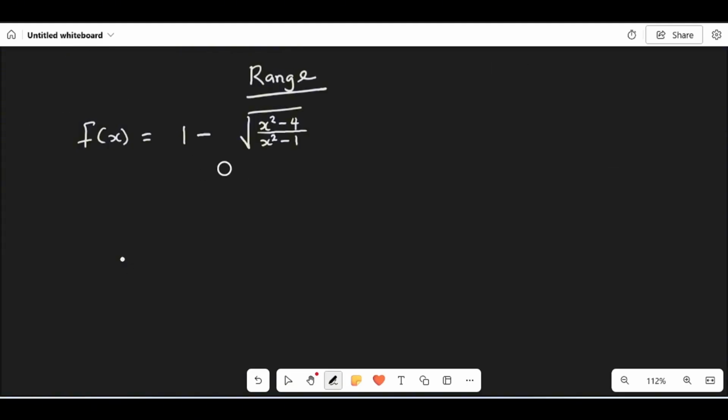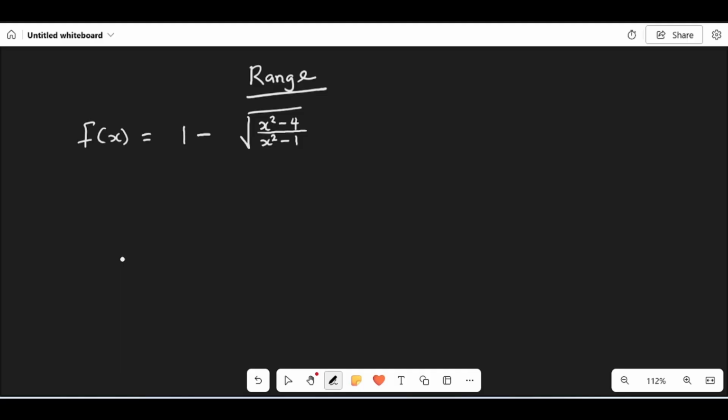We want to find the range of the function. We know that the square root is always greater than or equal to 0. So the largest value of the function happens when the square root is smallest, which is 0.